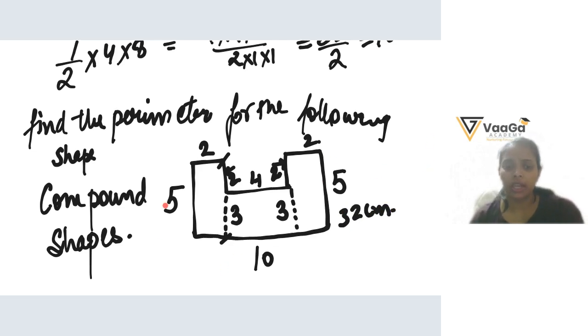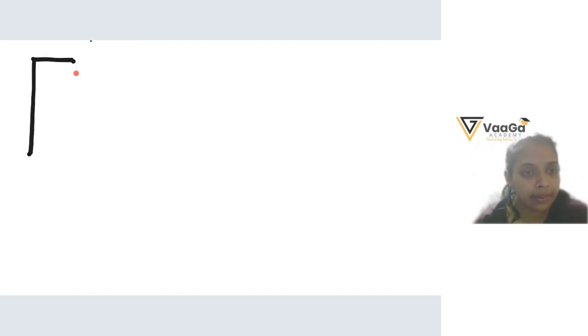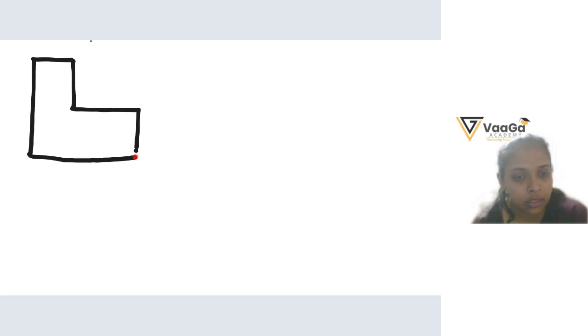Okay, in this one we'll calculate the area and perimeter both. So let's say this is the shape I have. This is 5.